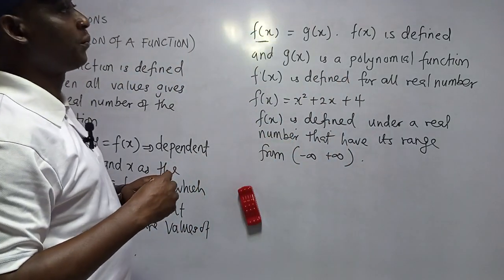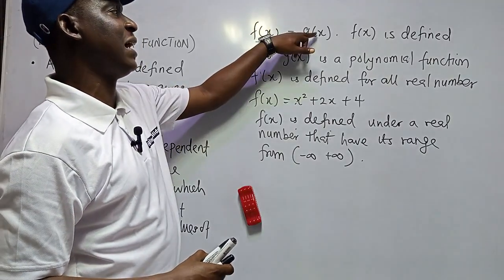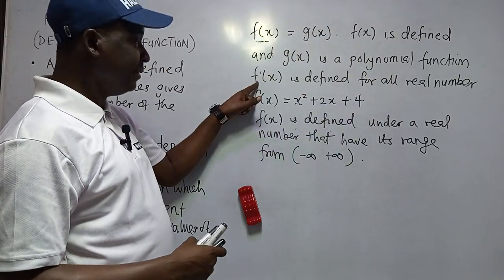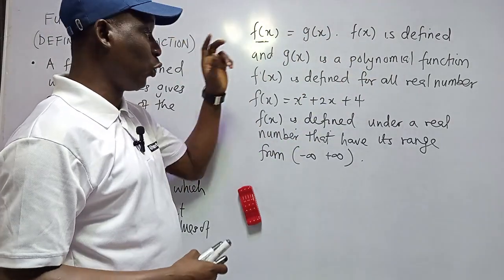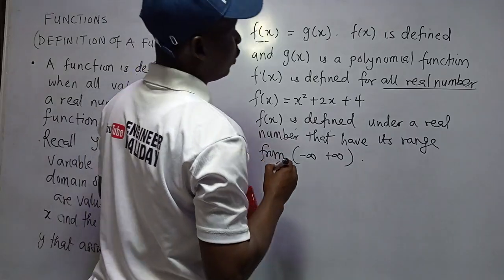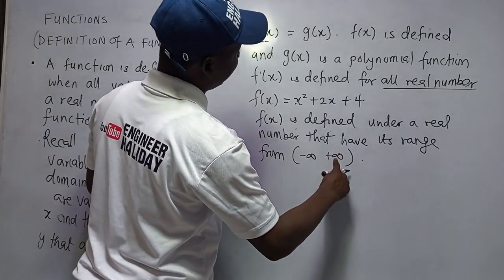So that is to say that if the function f of x is given as g of x and g of x is a polynomial function, it means that f of x is defined for all real numbers. That is its language, all real numbers. And what are all real numbers? Starting from minus infinity to plus infinity.